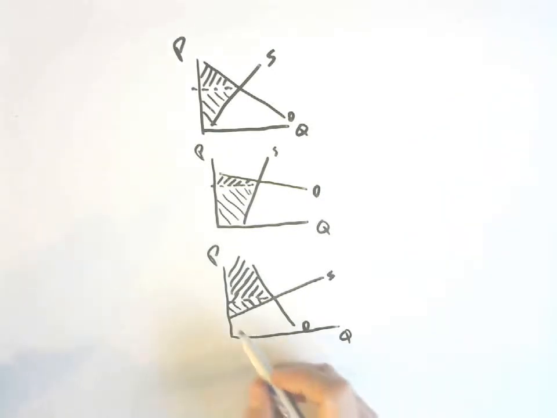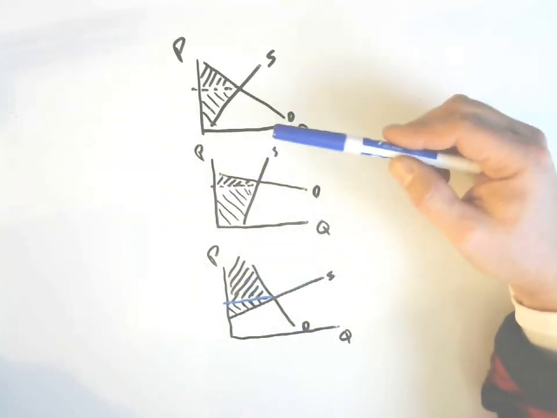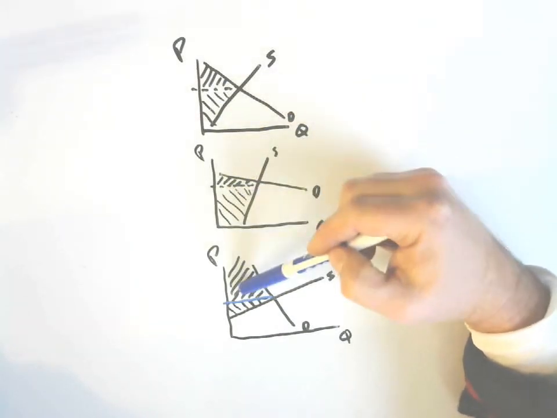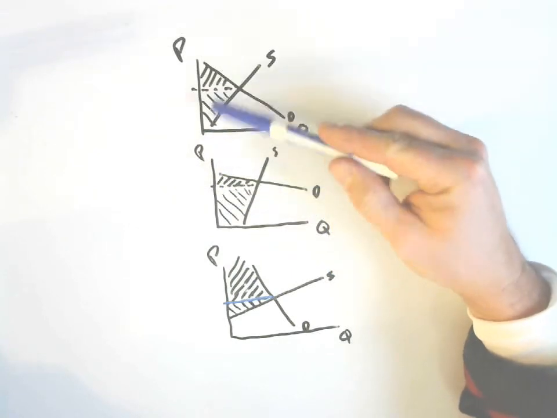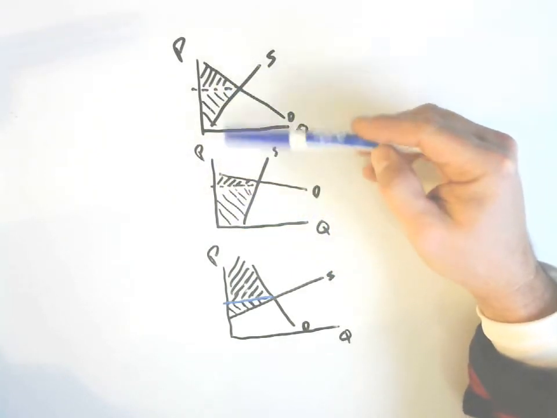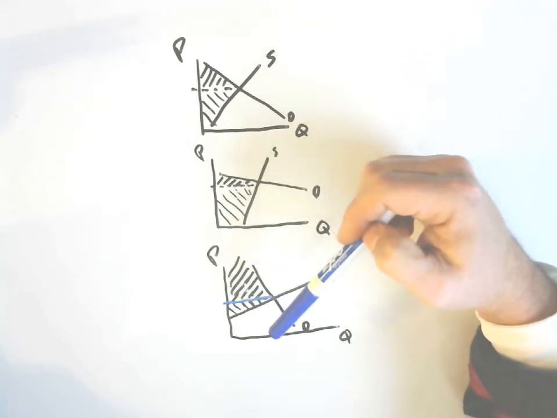The problem is, in the eyes of an economist, they would be incorrect, and here's why. In every single case, total surplus is maximized. It's as large as it can be in every single case. So an economist would not discern between any of these. We would only be interested in market efficiency.